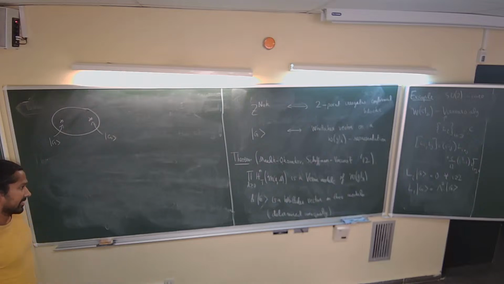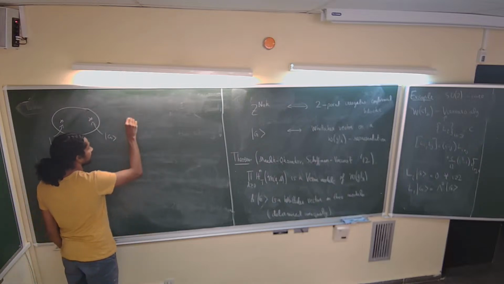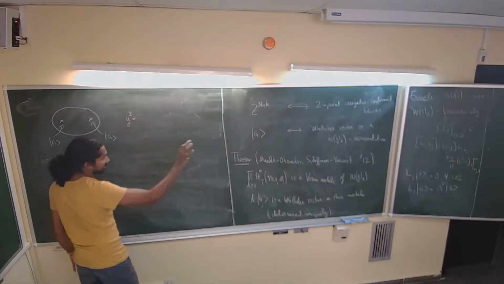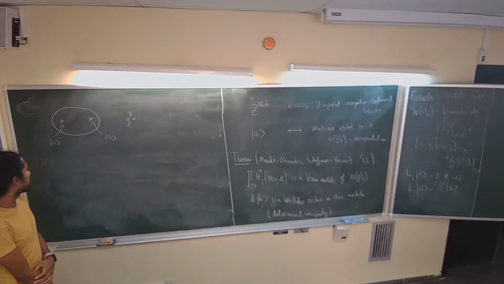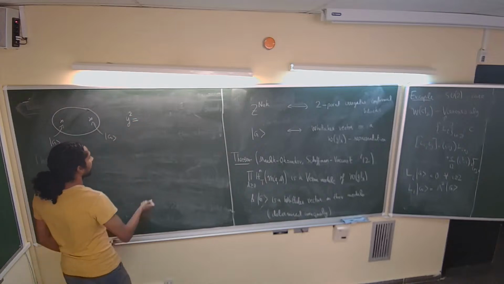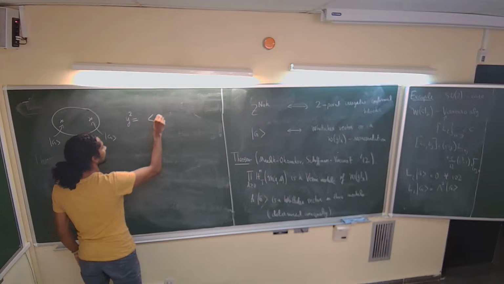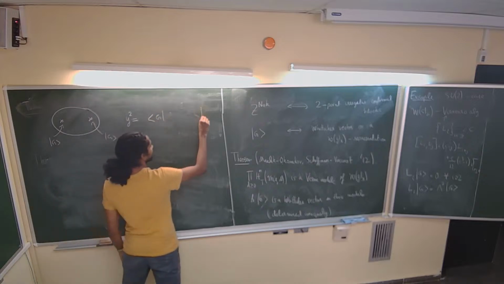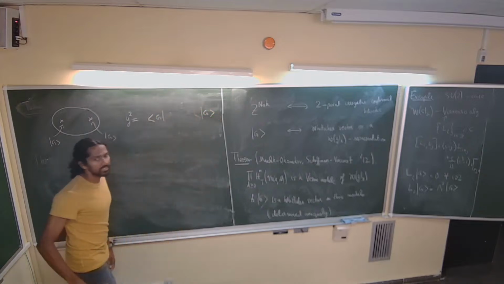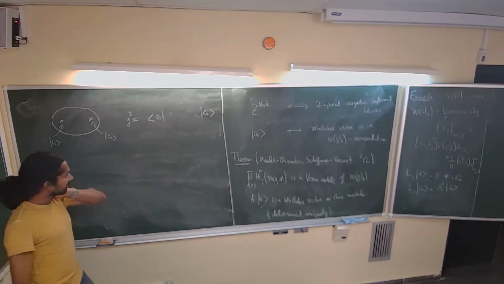Okay, how do I get the curve? The prescription is as follows. In the SU2 case, so I'm still doing the SU2 case, you take the curve to be y squared equals: you put one Gaiotto state on one side, with the other one on the other side, and in the sandwich you put the Virasoro field.